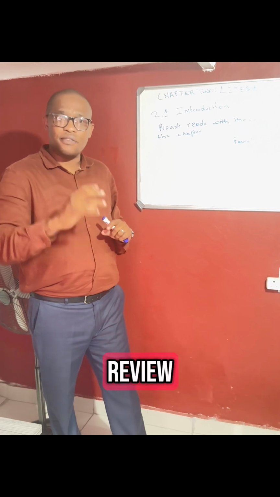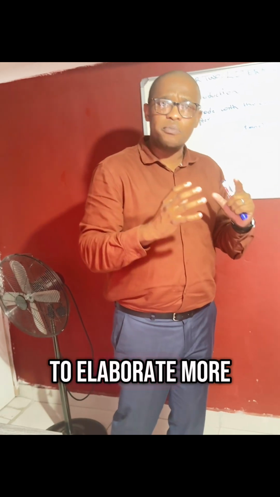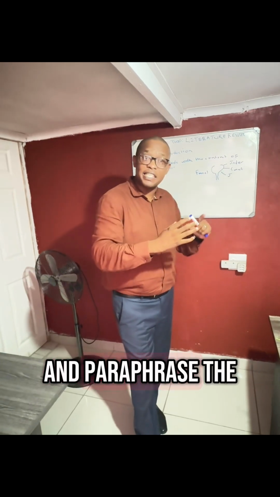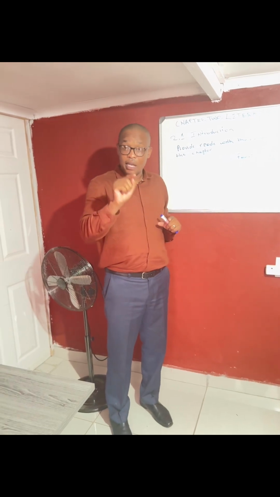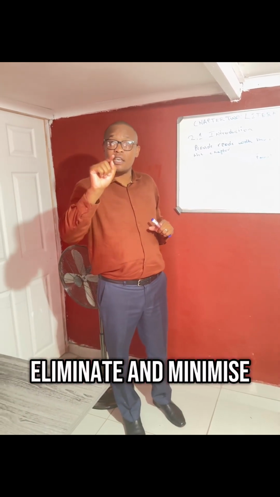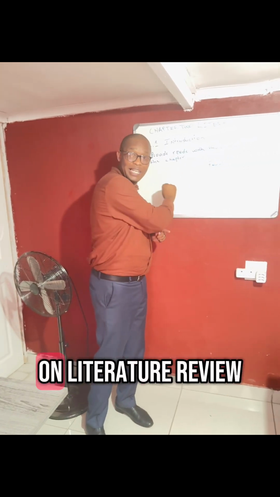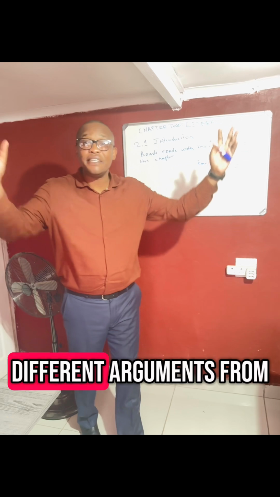In the literature review, you are supposed to elaborate more on the given views of other scholars and paraphrase the content into your own words. Eliminate and minimize the use of "according to," meaning the direct quotes, in the literature review. There in the literature review, you are bringing different arguments from different scholars.